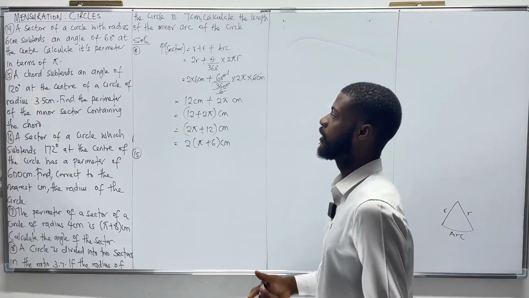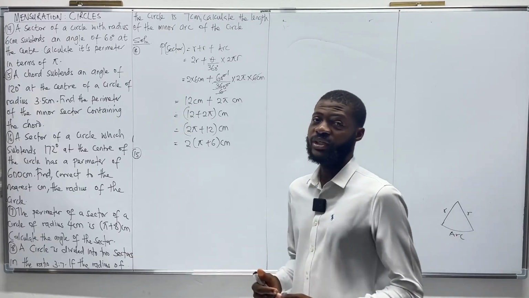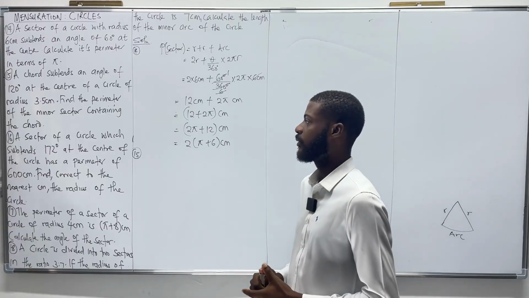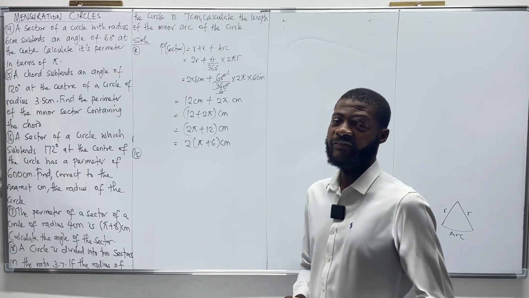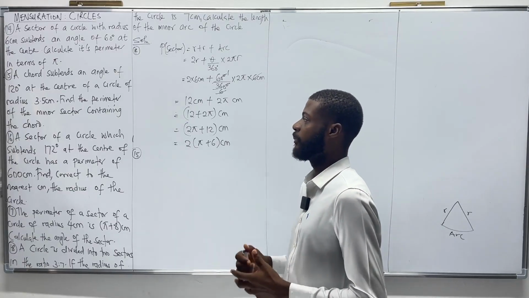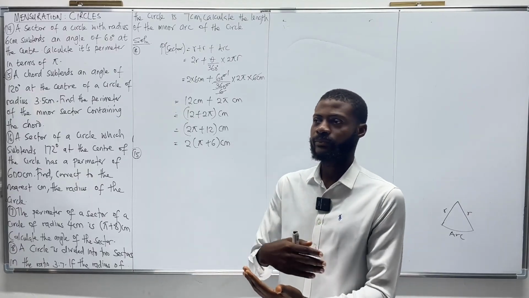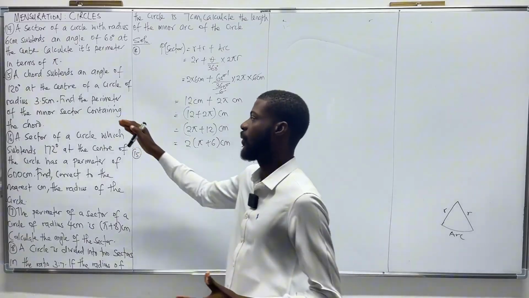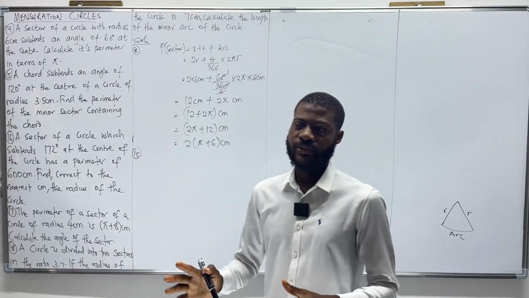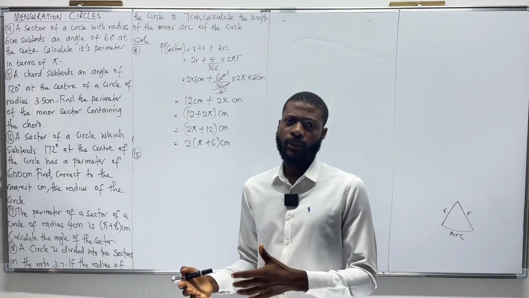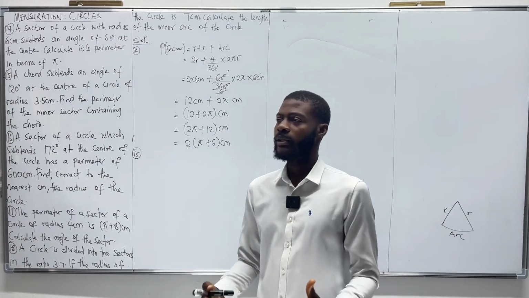Question 15. A chord subtends an angle of 120 degrees at the center of a circle of radius 3.5 cm. Calculate the perimeter of the minor sector containing the chord. Okay, this question is also about perimeter of sectors. And of course, a chord could actually form a sector.